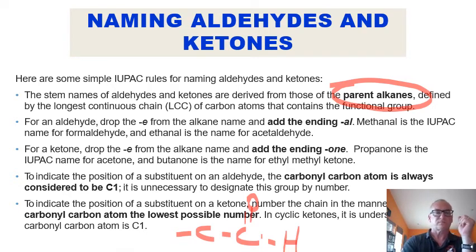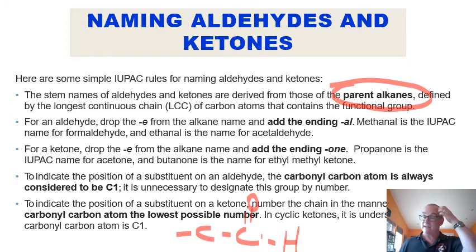So to indicate the substituent on a ketone, we always want to give the carbonyl carbon the lowest possible number. So if you have an 8 chain and it's on the 3rd one, you would call it 3-octanone rather than 5-octanone because 3 is a smaller number.